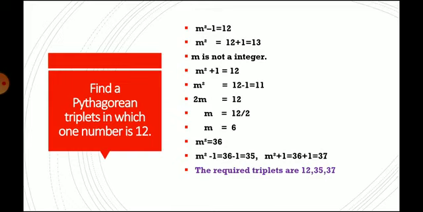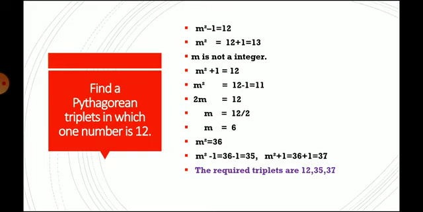If the multiplication term comes to the opposite side, it will definitely become a division term. So m is equal to 6. So m square is equal to 36.